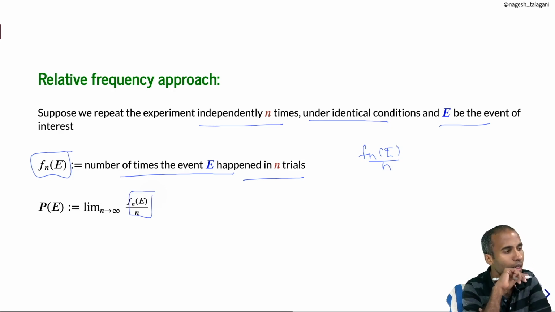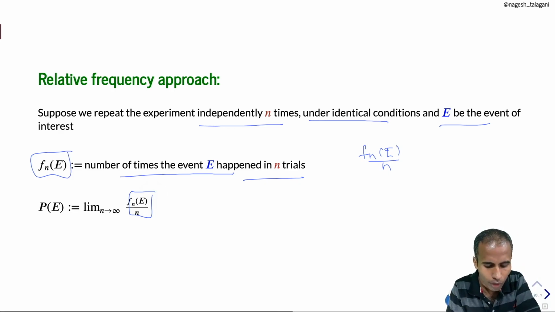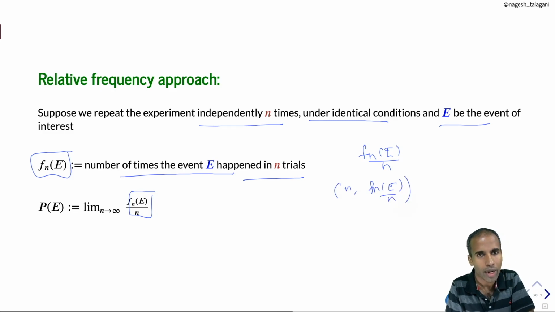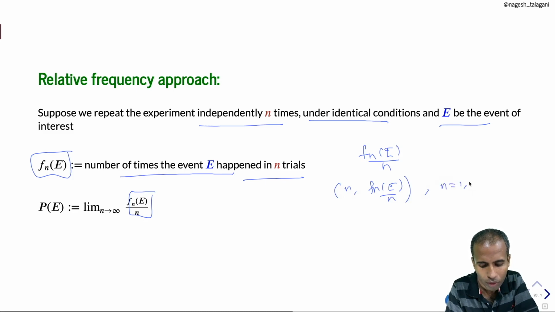Okay, now let's see if this definition makes sense by simulating the random experiment of tossing a fair coin 1000 times and observing the relative frequency of getting heads. We plot the curve with the points n comma Fn of E by n, where n is the trial number and Fn of E by n is the corresponding relative frequency, for n equal to 1, 2, 3, and so on up to 1000.